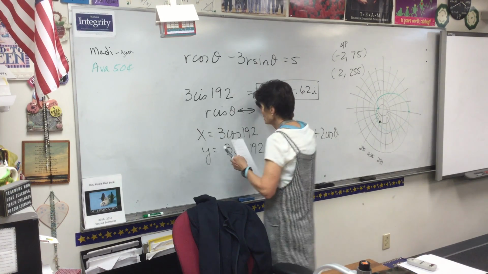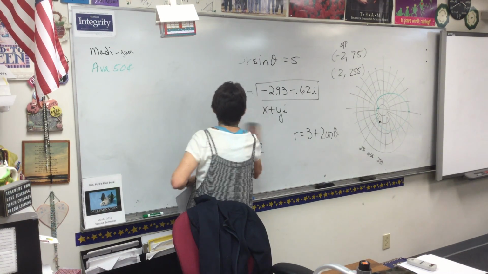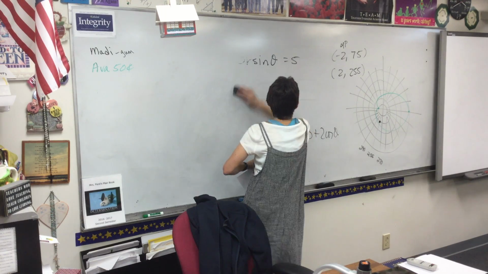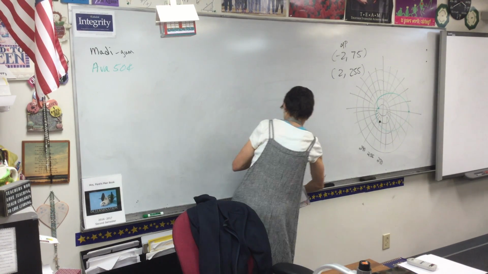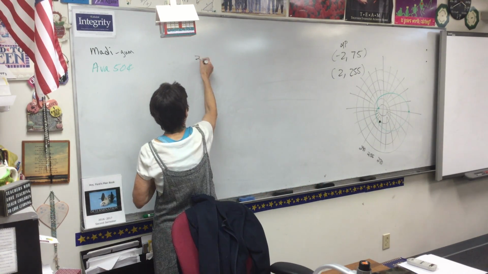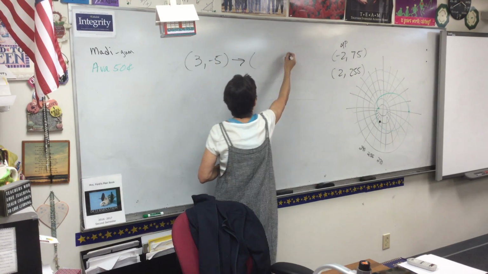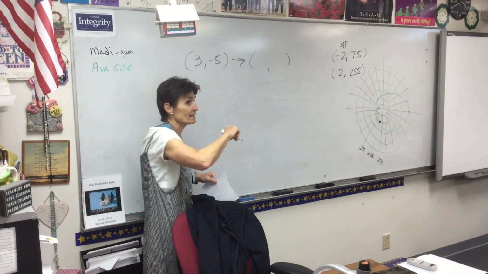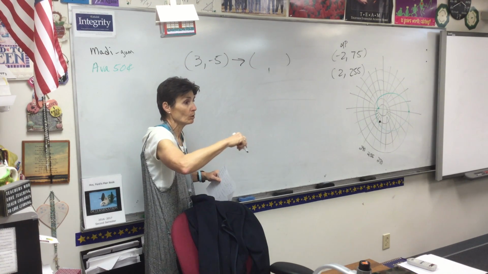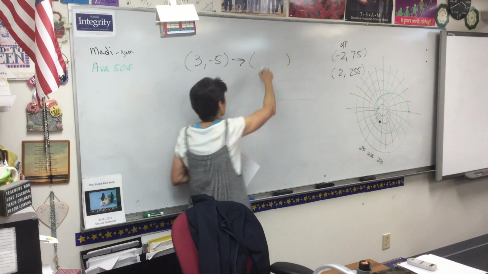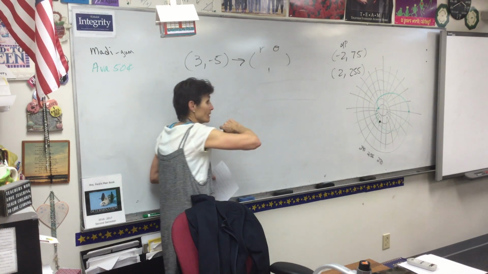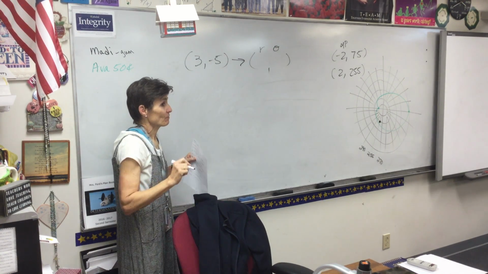Now we're changing to polar coordinates. So 3, -5. Now we want to change that to polar, which means I'm finding what? If I'm finding polar, I'm finding r and theta. And I don't have formulas for r and theta.